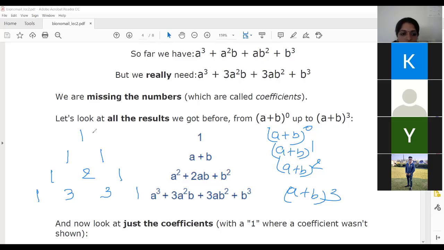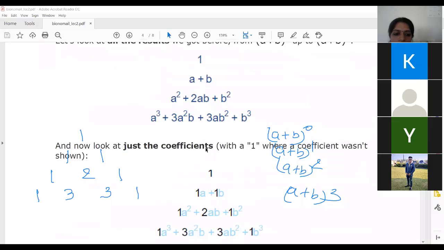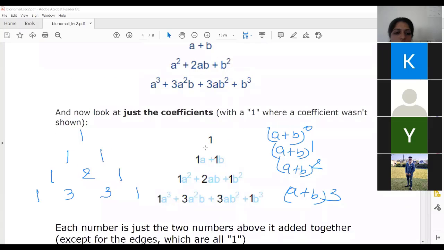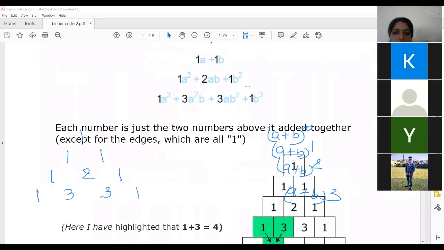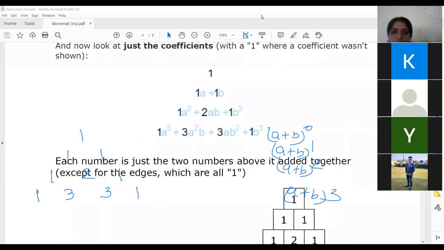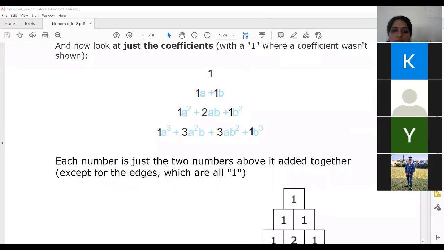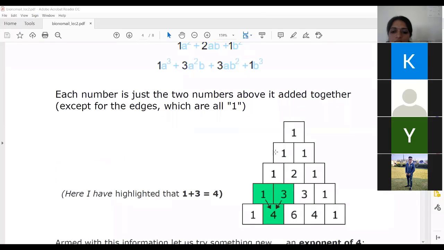But how is this triangle made? See, I will show you. 1, 1 plus 1, 1, 2, 1.